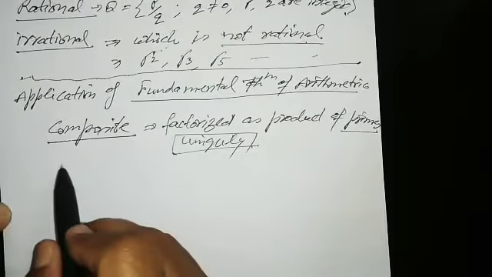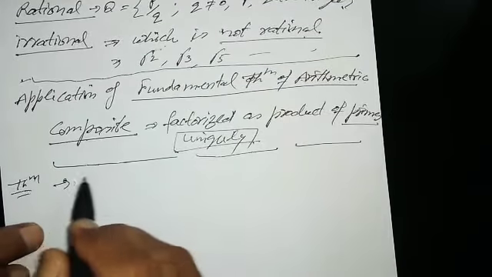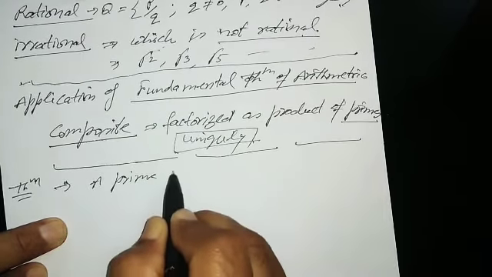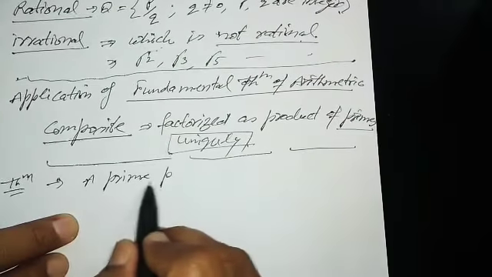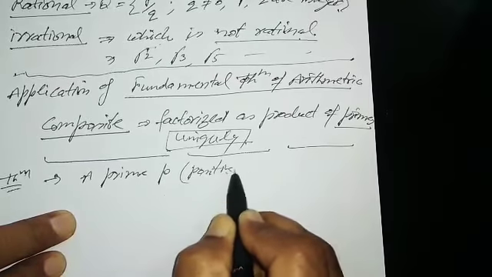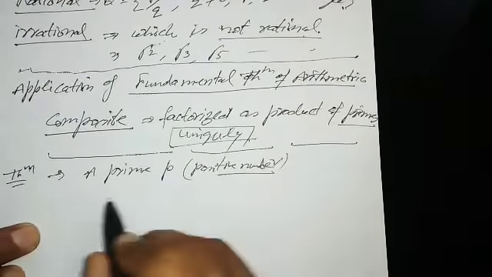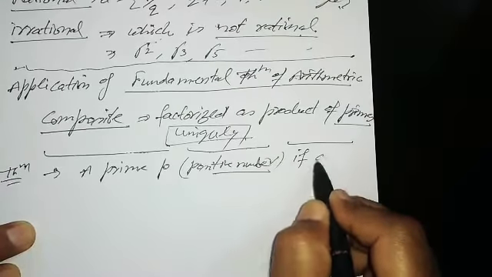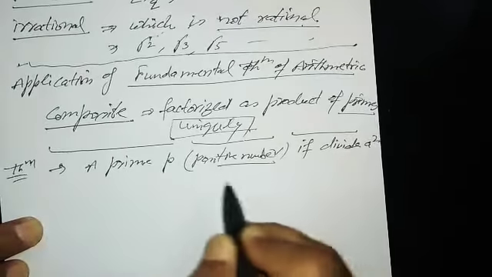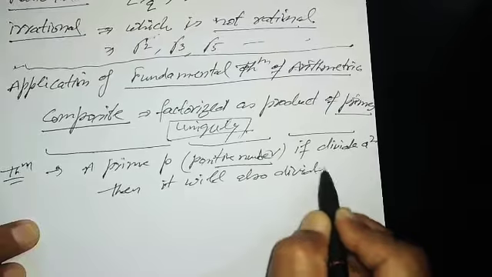Okay, before applying this we have to learn about a property, a small theorem, which says that if p is a prime number, a positive prime number p, if p divides a square, then it will divide a also.